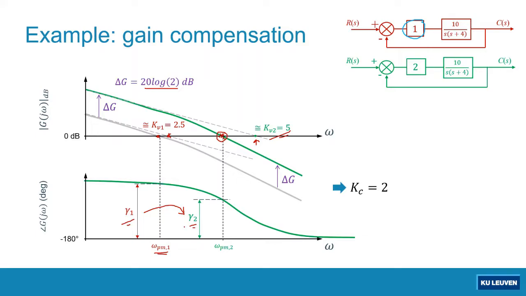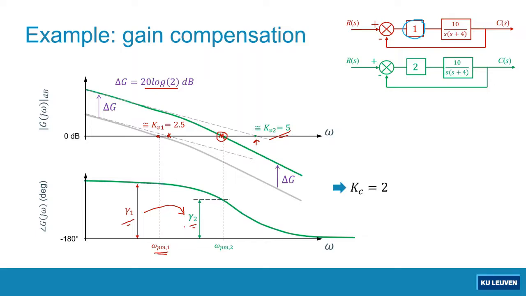So we will have more overshoot in our system by increasing the proportional gain. The change of this phase margin as a result of tuning the proportional gain can also be used as a basis in designing a controller.